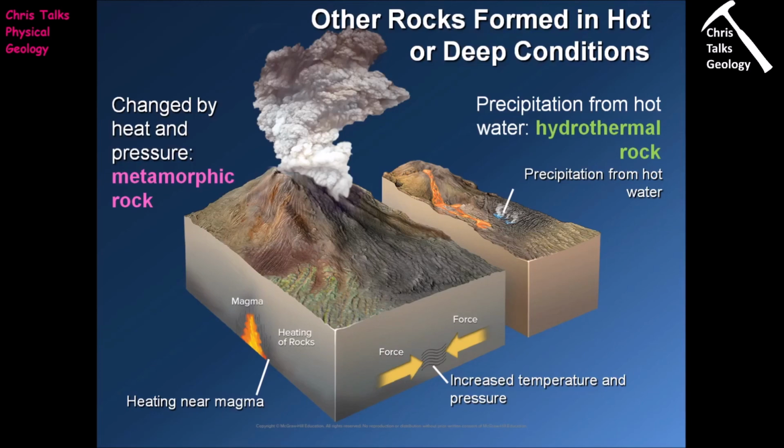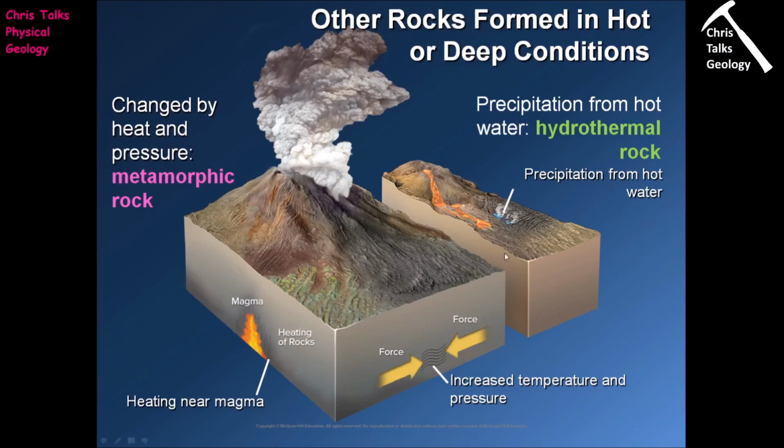So as the water circulates around through the rock, it will steal elements from the rock that it's passing through. So it might steal some copper or some silicon or some cobalt or some nickel, whatever it feels like. If it can steal it, it will. So as the water circulates around, it scavenges these elements. It pulls these elements into solution. It dissolves them into the water.